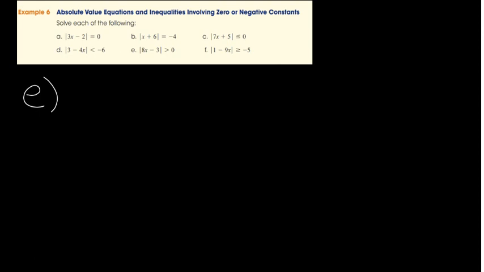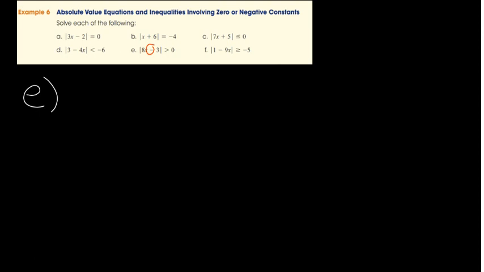Because that's just the definition of absolute value. But looking at this, there is one solution that would make that a false statement, and that one solution would be if we had the absolute value of 0.